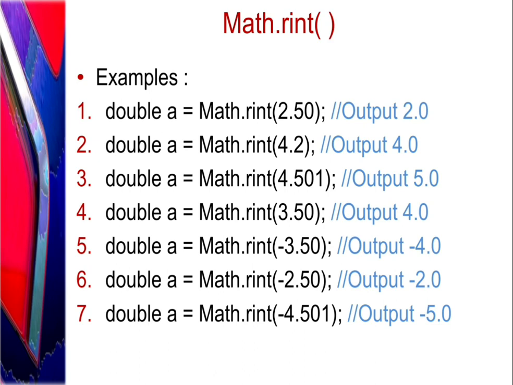But when you are talking about even, it provides you an even number only. See, minus 2.50, it provides you minus 2. But for minus 3.50, it provides you minus 4.